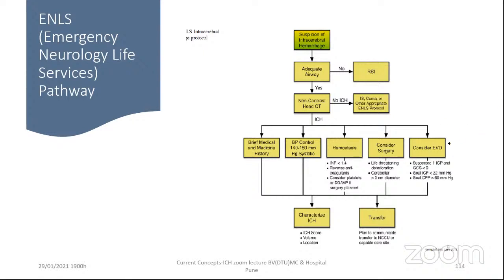If raised ICP is there and GCS is less than 9, you keep ICP less than 22 and cerebral perfusion pressure more than 60, so you require ICP monitoring here, and you characterize ICH and ICH score, volume, location, and plan to communicate and transfer to another ICU if you don't have facilities. So this is the emergency care pathway that is recommended for ICH cases.